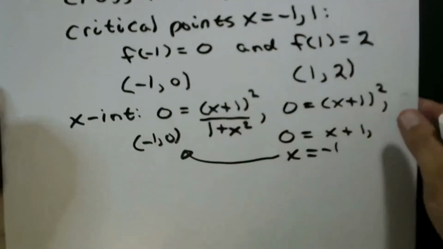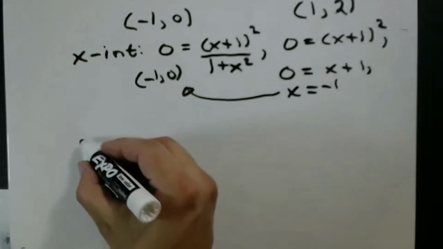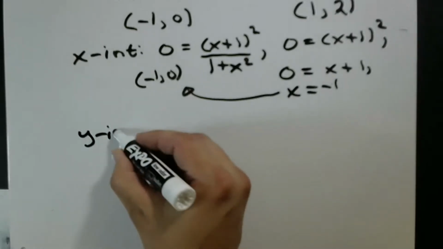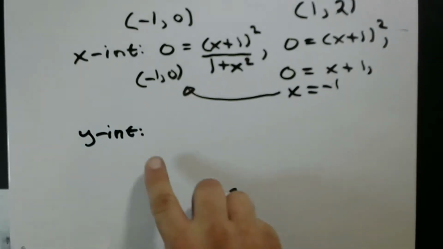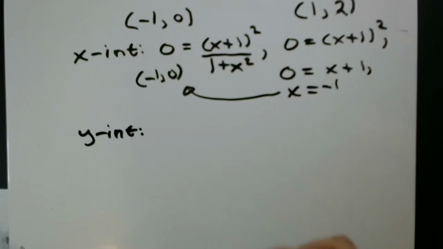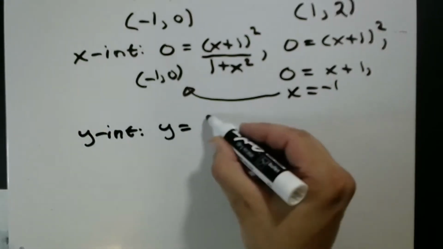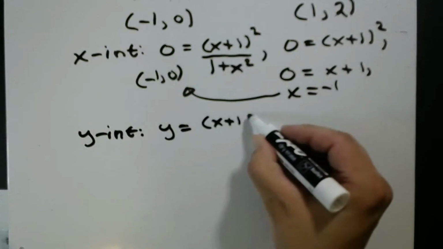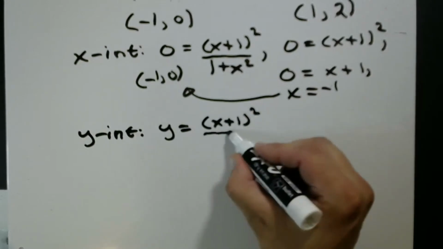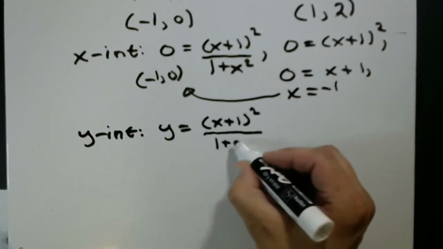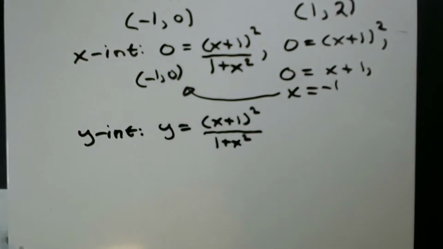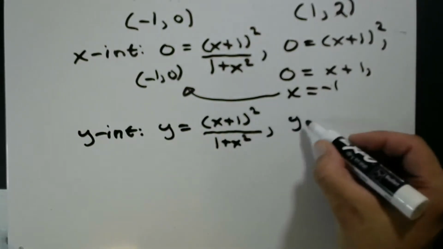So finally, the y-intercept. We actually already have this, but let's say you didn't notice it. For the y-intercept, let this be our function. Let x be 0.